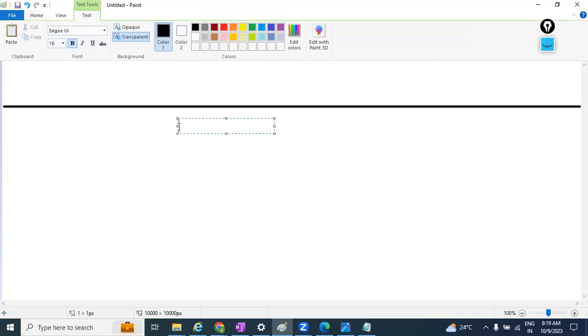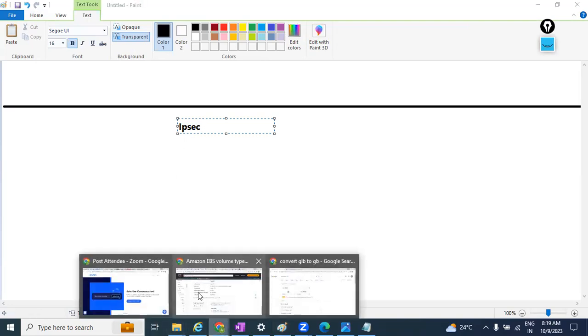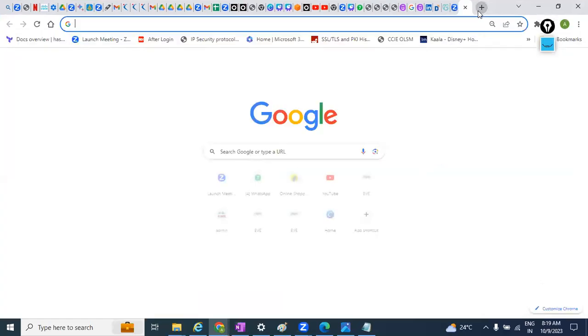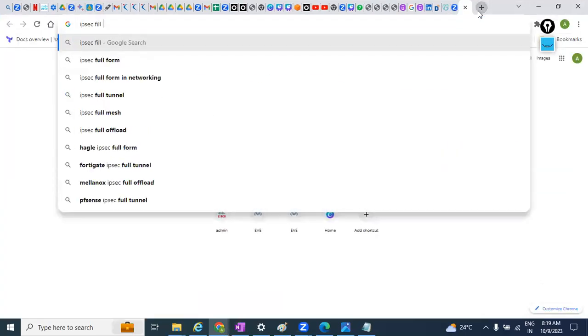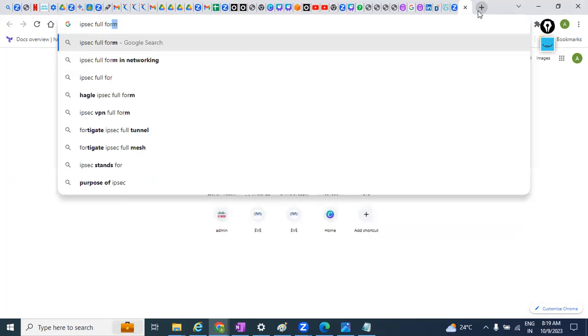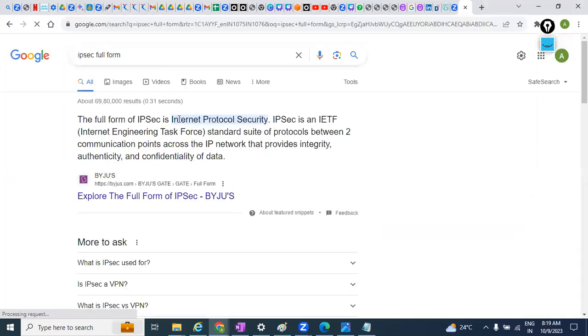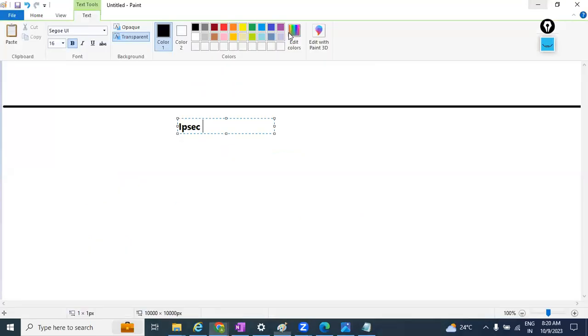The next protocol we have now is IPsec. So what does it mean? Internet Protocol Security.